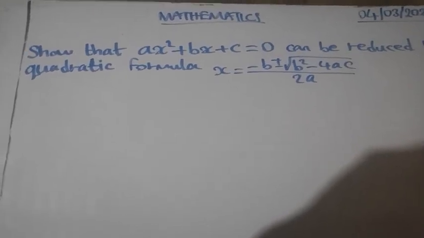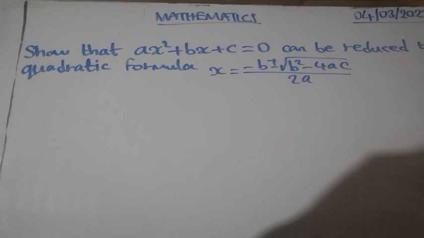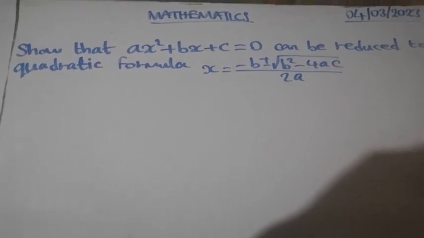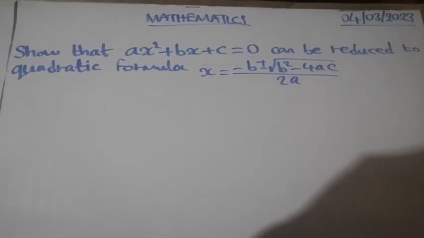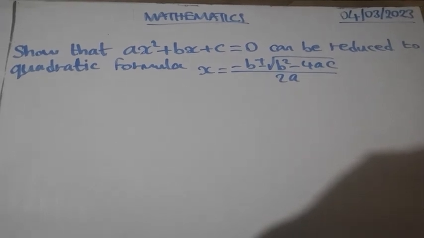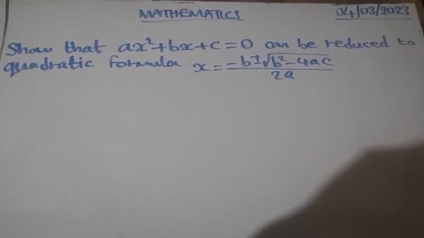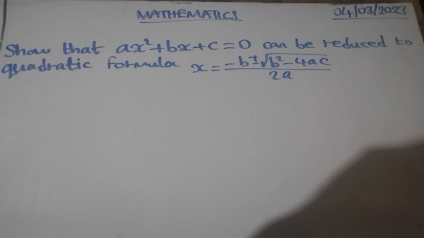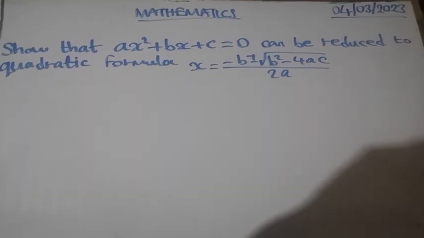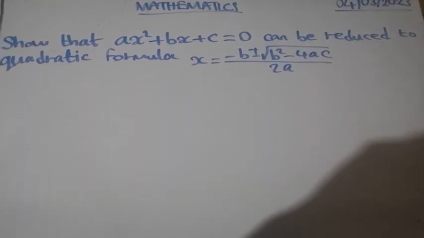Show that ax squared plus bx plus c equal to 0 can be reduced to the quadratic formula, which is x equal to negative b, positive or negative, square root of b squared minus 4ac over 2a.